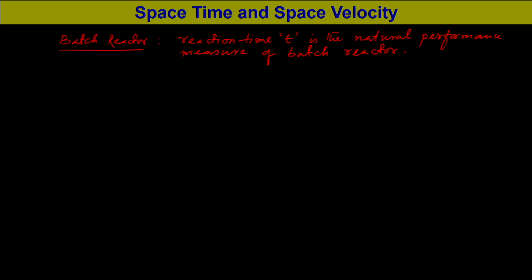Space time and space velocity, these two terms are the proper performance measures of the flow reactor.